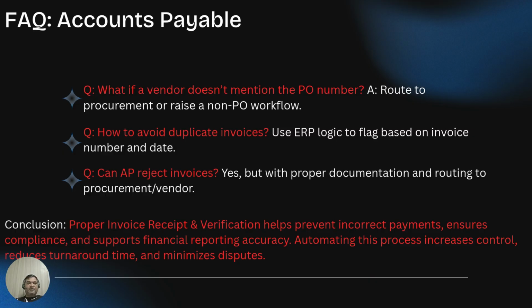The second question that you can expect is how do you avoid duplicate invoices? Like I explained a couple of times in my earlier videos and even in this video, it is important for us to make sure that there is no duplicate invoice processing. Most of the ERP systems that you have, there are flags for duplicate invoices. Some of the flags are like if you process an invoice with the same invoice number, the system triggers an alert for you to manually verify before it is processing.